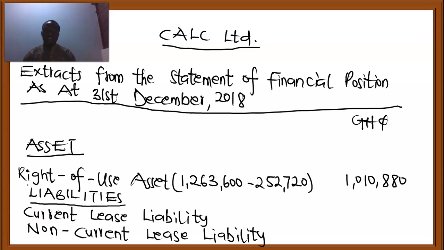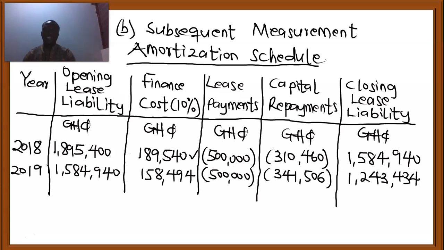Let's go back to the amortization schedule. The total lease liability in respect of 2018 is 1,584,940. But this can be split into component parts. This closing liability is made up of a current component and a non-current component. The current component is represented by the capital repayment for next year.